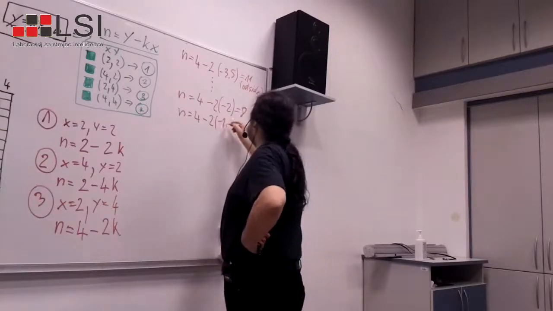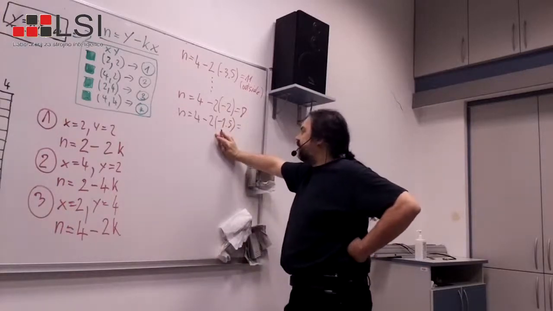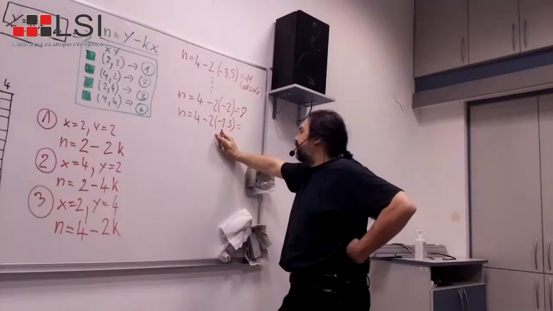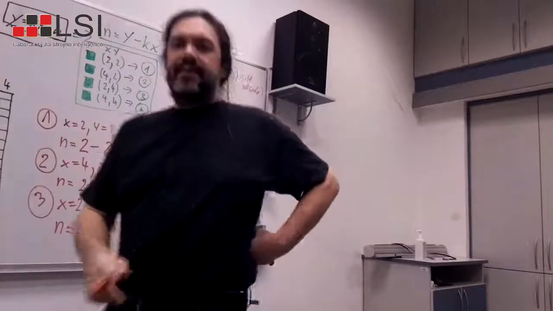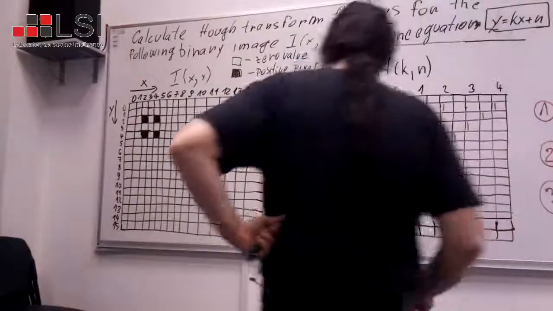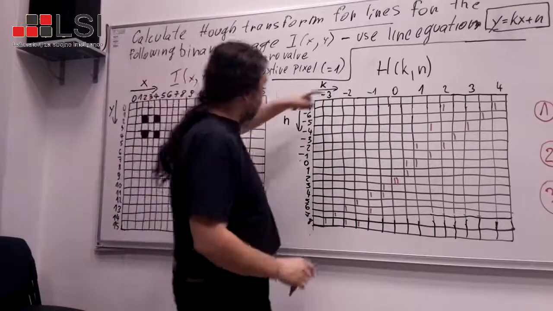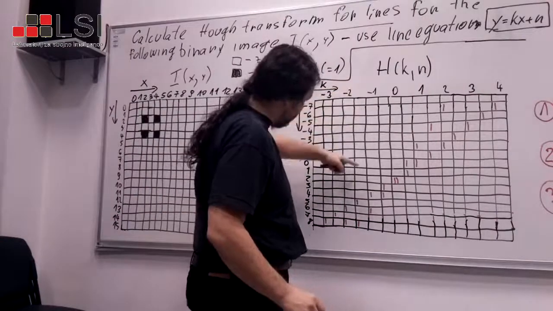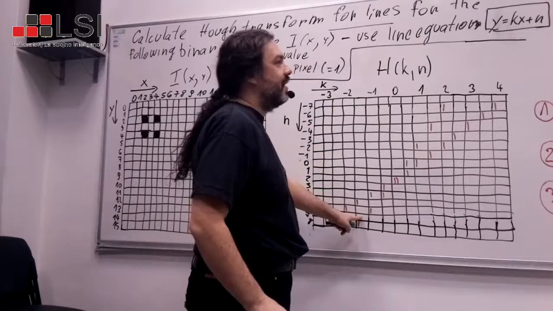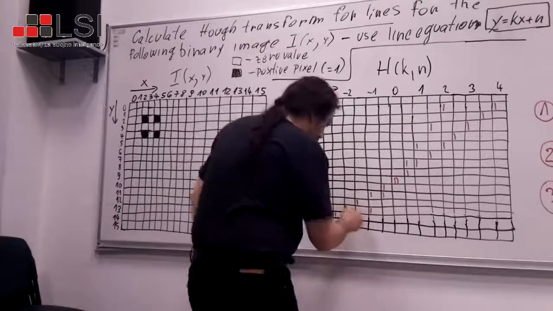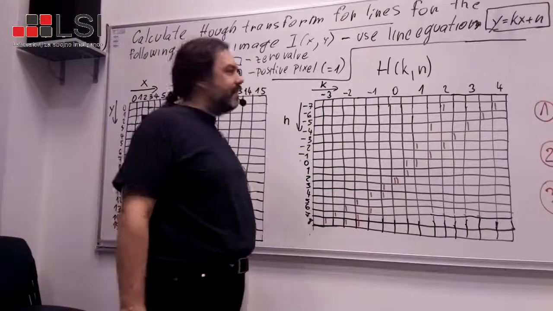So minus 1.5. Minus 2 times minus 1.5 is plus 3. So here we get 7. If we go a bit right, this is minus 1.5, and here we have the result of 7. So here, 1 vote for n is 7.